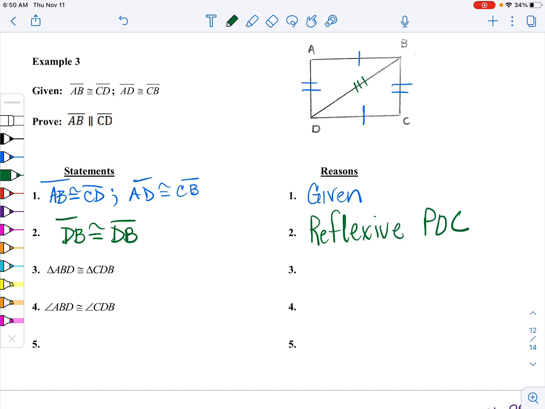Now that I have all three sides congruent, I know that the two triangles are congruent by side, side, side. Once I've proven the triangle is congruent, any corresponding part's going to be congruent. So ABD is going to be congruent to CDB because they're corresponding parts. And again, that's corresponding parts of congruent triangles are congruent.